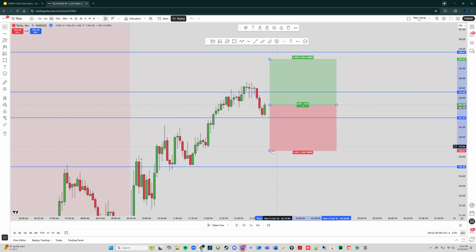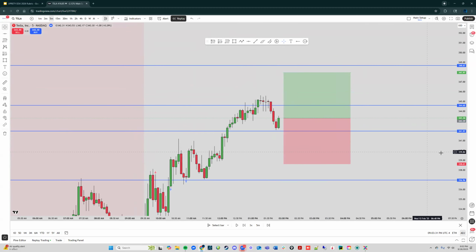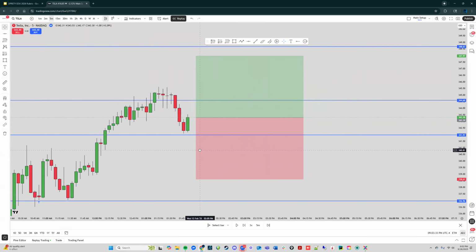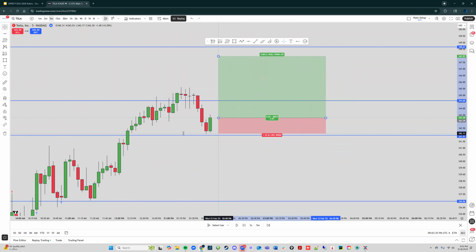Okay, let's take long here. Our stop loss on this trade, once again, is going to be right down here, right below. We can even put it at support. We want a 1 to 2 risk reward.